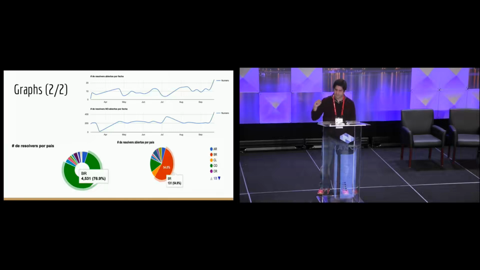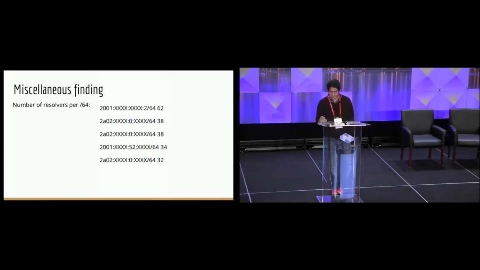And in the second graph, you can see the evolution of the non-open DNS servers that we have found. Later, you can see that Brazil has the most DNS servers, and the same case for open resolvers in IPv6.